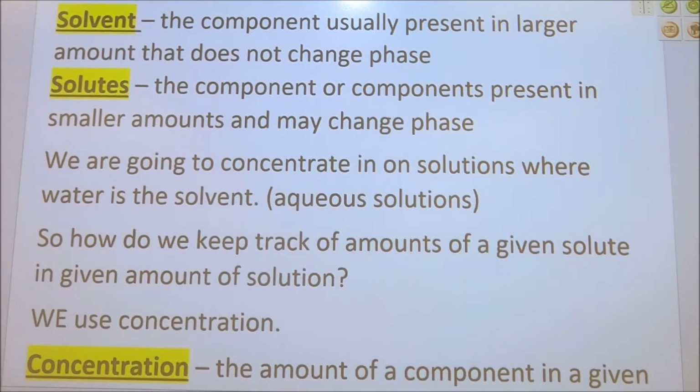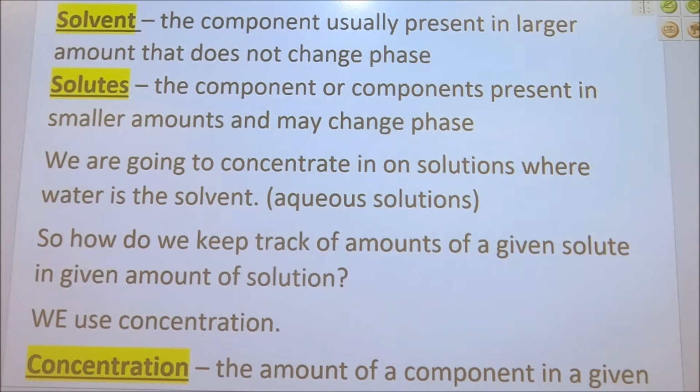Okay? Solvent, that's the component usually present in larger amounts and does not change phase. So if I have an aqueous solution, water is my solvent, and it's our most common solvent. Solutes, these are the component or components present in smaller amounts and may change phase.